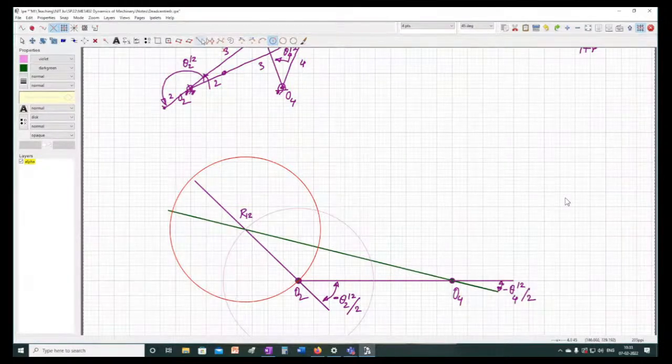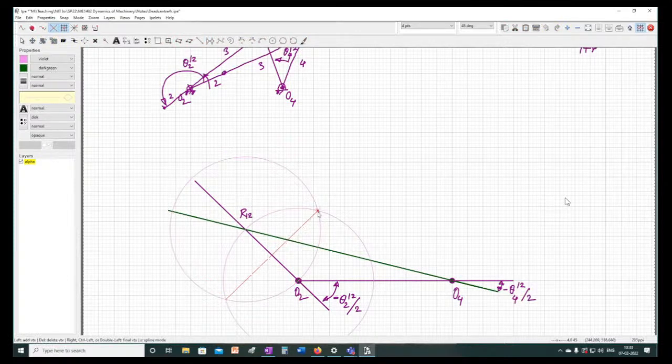Now we draw this line, which is the perpendicular bisector. As usual, I am removing these lines. Only the perpendicular bisector is there. I call this intersection point C1. Okay, this intersection point is C1, and this perpendicular bisector is intersecting this line at another point, and that point we'll call C2.